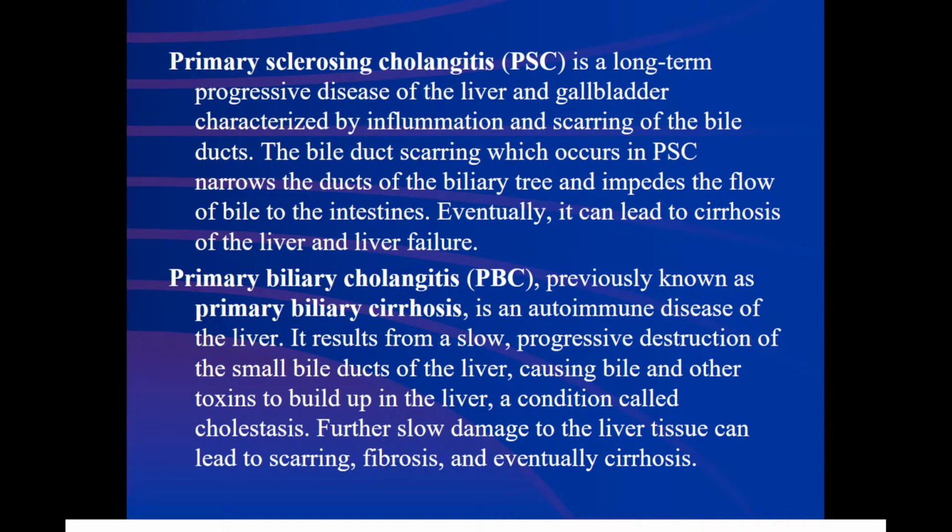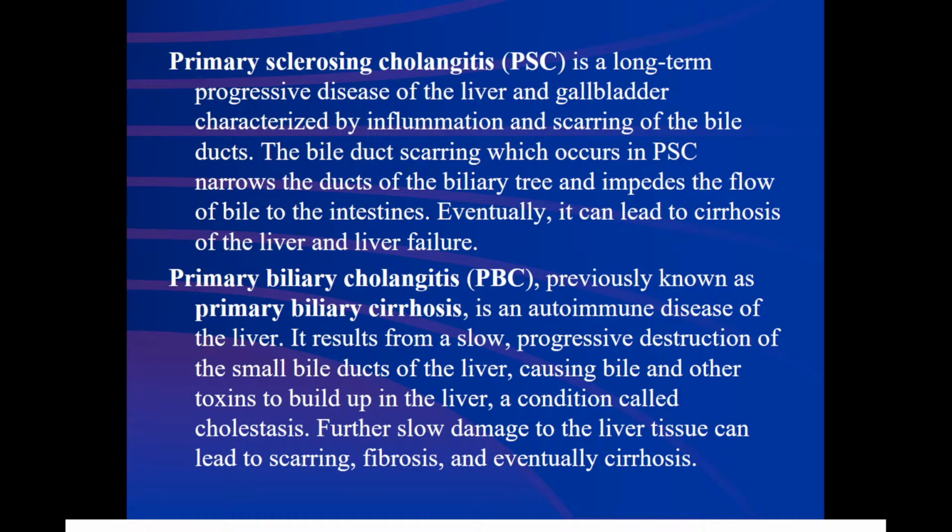Another disease which I want to mention, and which we didn't discuss in previous lectures, is fortunately not too common, but you shouldn't forget about it. Liver problem is not only a parenchyma problem. There may be a serious problem in the liver due to bile duct problems, and it includes primary sclerosing cholangitis, PSC, and primary biliary cholangitis, PBC.